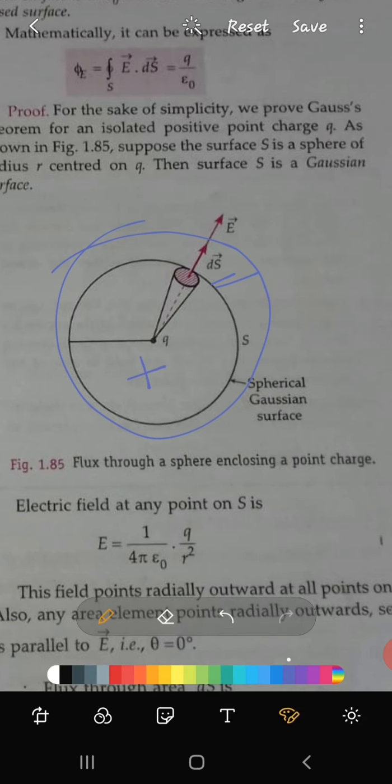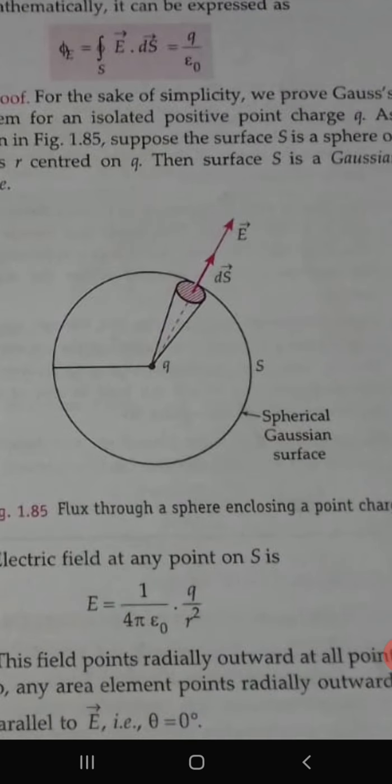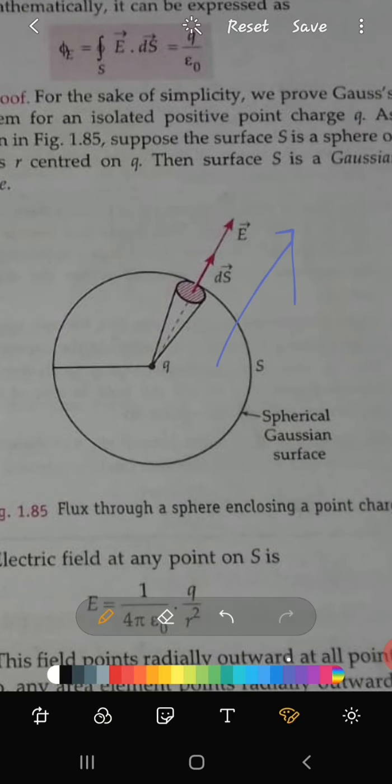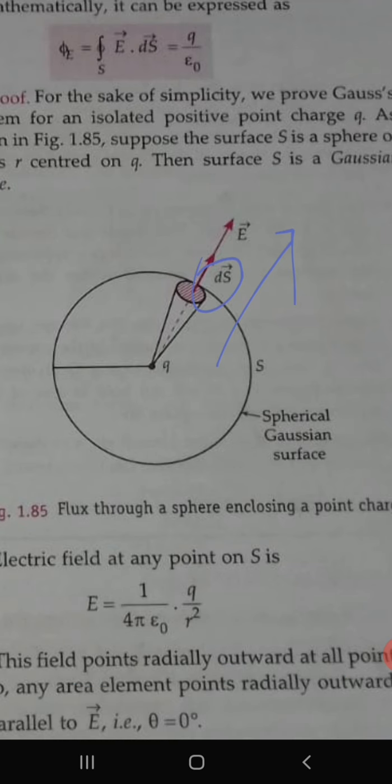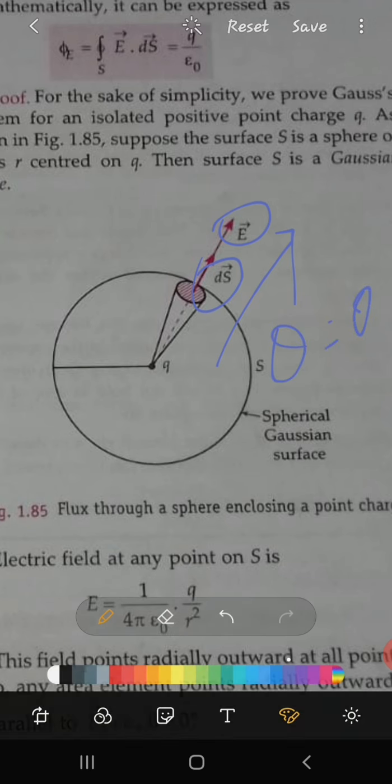Due to this positive charge q, some electric field intensity will act on this surface area ds, and the direction of electric field intensity will be radially outward, along the normal to ds. So the angle between ds and E, as they are parallel, theta will be 0, so cos theta will be 1. So directly we can use the formula phi E is equal to line integral of E ds. So take the LHS in this case.